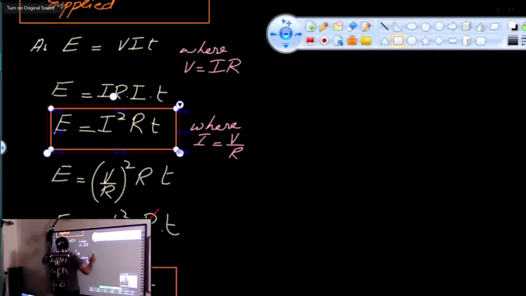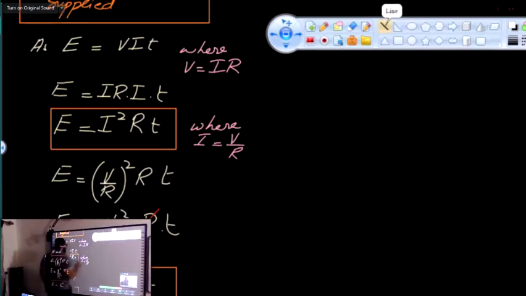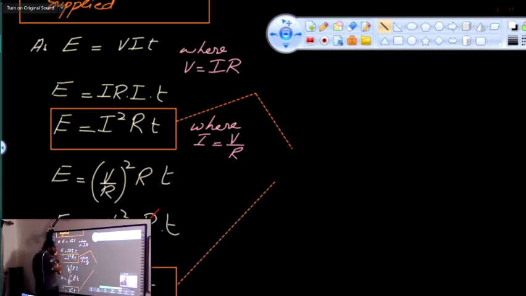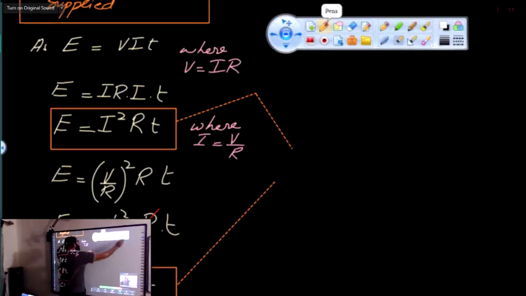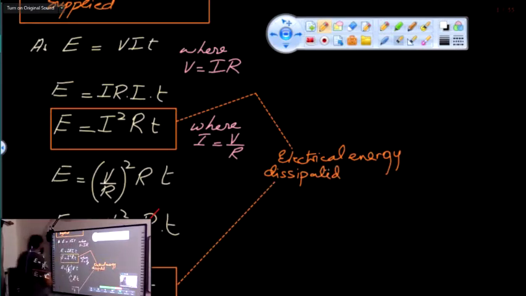And both these formulae can be used to determine electrical energy dissipated in any electrical component. So these two formulae are used for electrical energy dissipation.